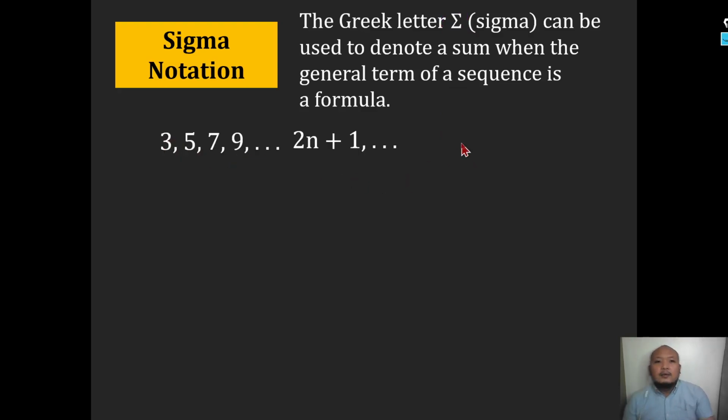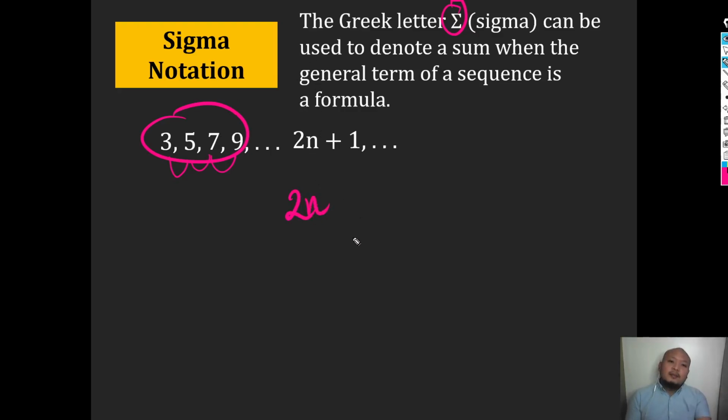Now, notice how 3, 5, 7, 9 has a general formula, if you will, of 2n plus 1. So, saan mo nakuha yung 2n plus 1 na yan? Again, if you examine these, the way you get the succeeding terms is by adding the constant 2, which, by grade 9 lessons, will seem to be your slope.